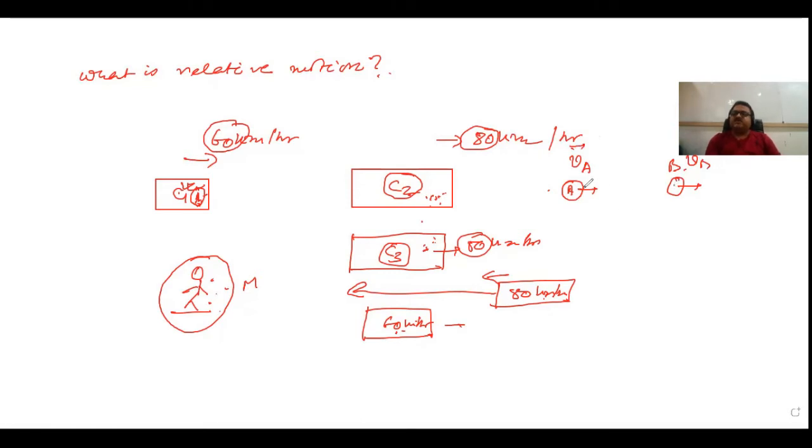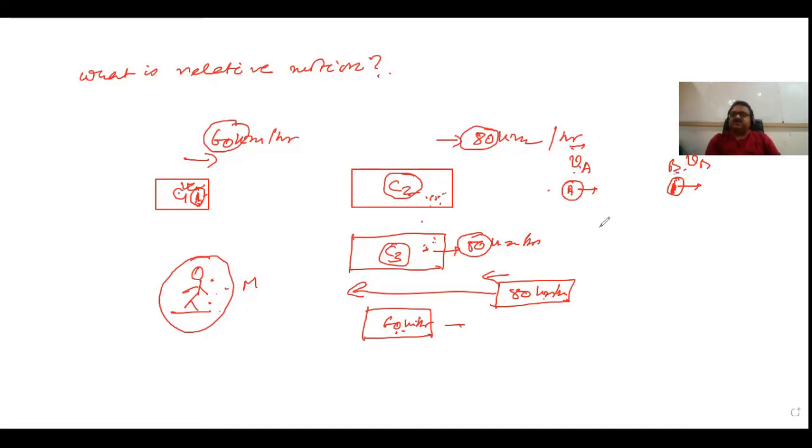When I say the velocity of A with respect to B, I am assuming B is at rest, that is, we are looking from the viewpoint of B. When B is watching A, B assumes itself to be at rest, and sees the speed with which A is approaching.